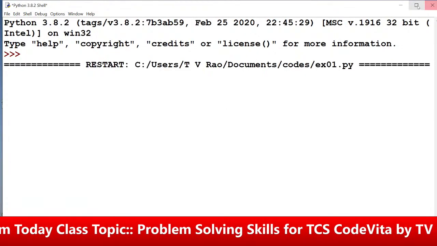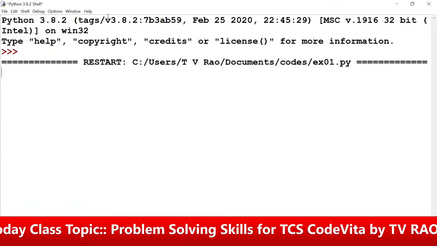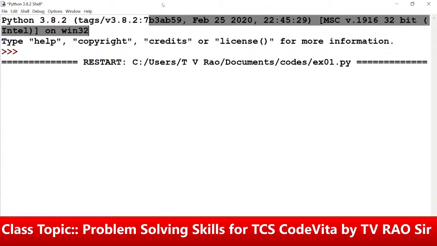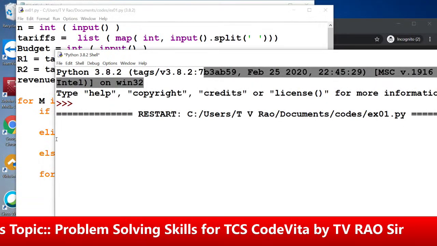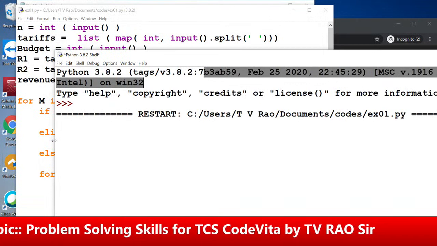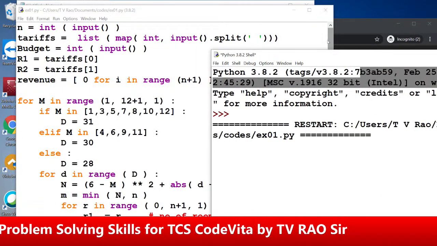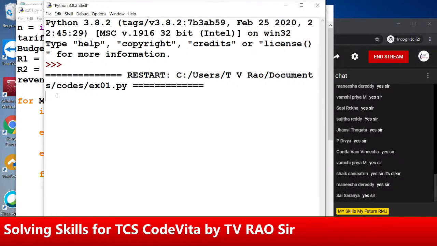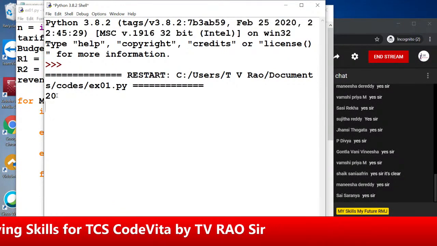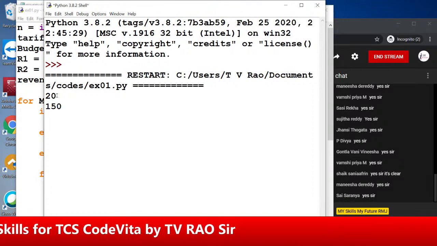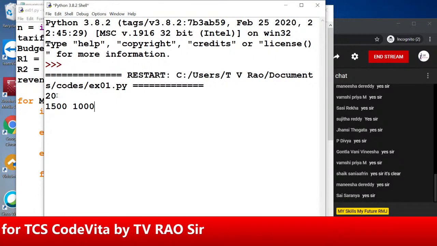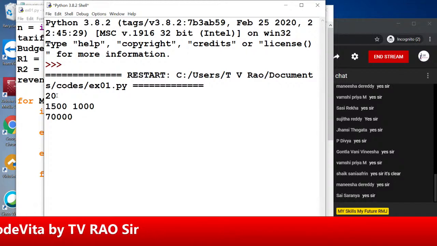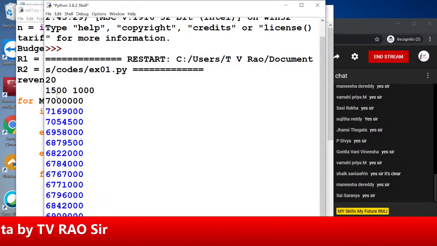Now the inputs. First input is number of rooms. 1500 is room with TV, 1000 is room without TV. Then budget 70 lakhs.